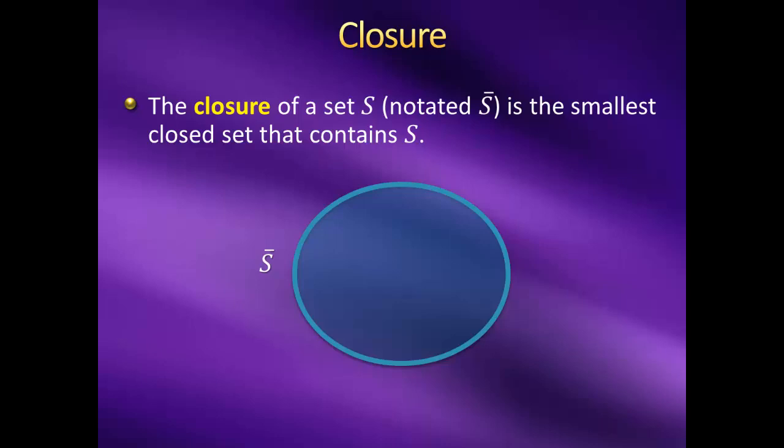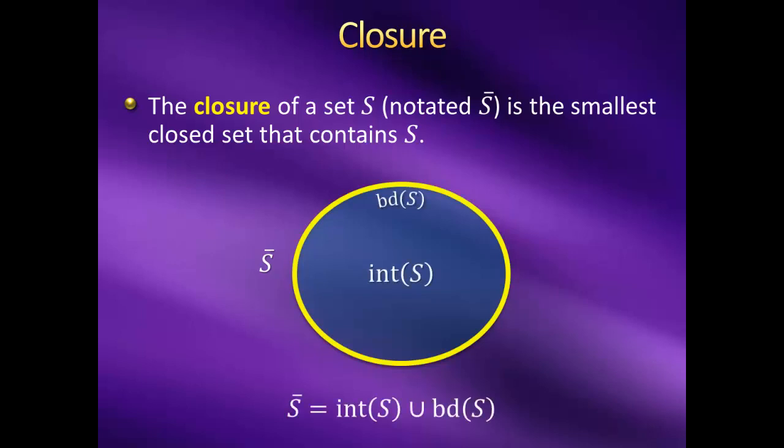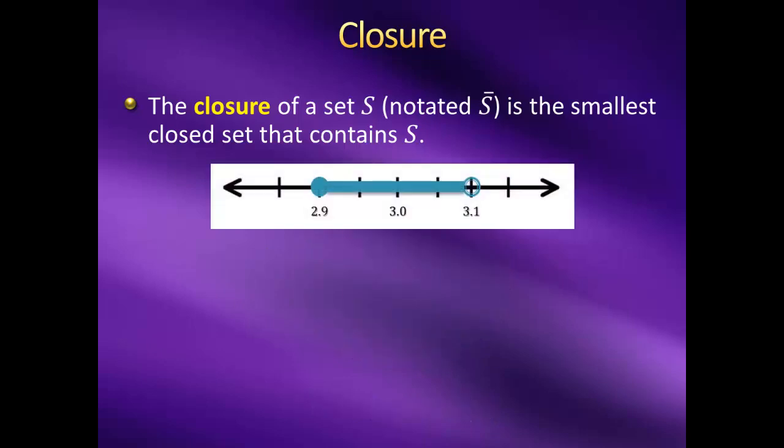So, what is the closure of a set? Easy. It's just the interior of the set union the boundary of that set. If we include our entire boundary, then as we saw earlier, the set is closed. So for example, the closure of our interval we were just looking at will be the closed interval from 2.9 to 3.1, including both points of the boundary.